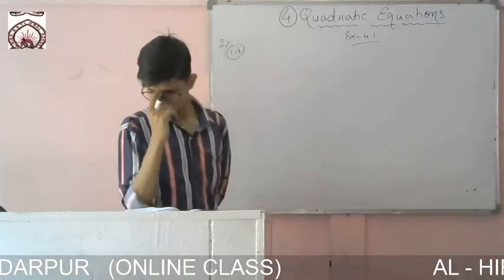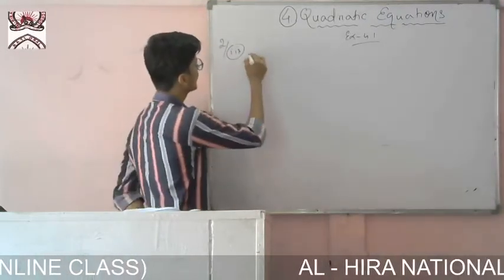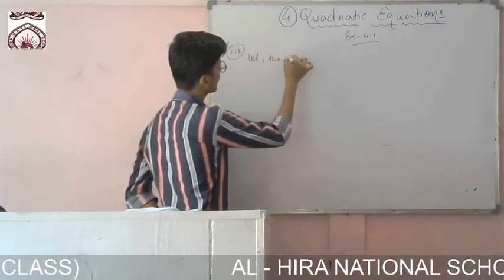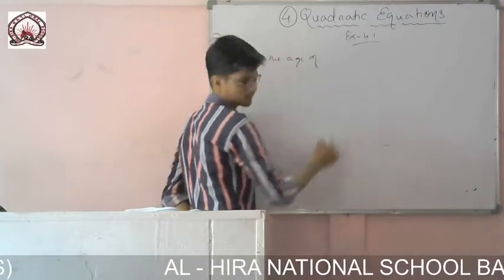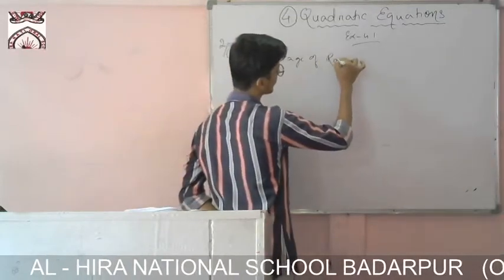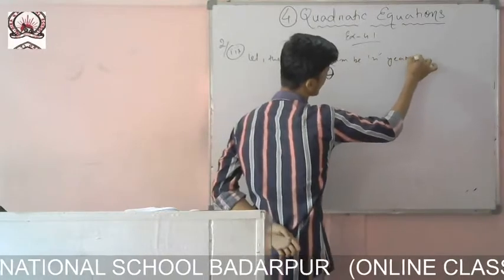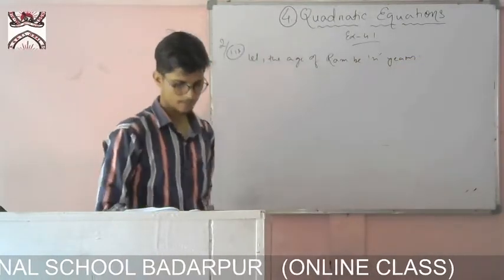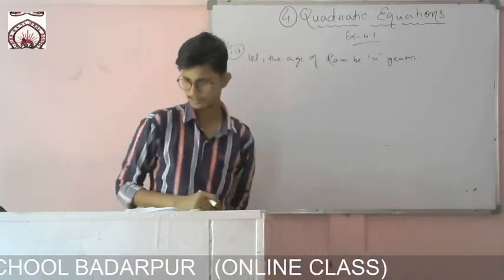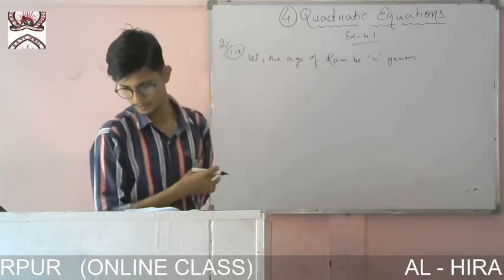Here the relation is given with the age of Ram. So let us write like this. Let the age of Ram be x years. Then his mother's age: his mother is 26 years older than him.